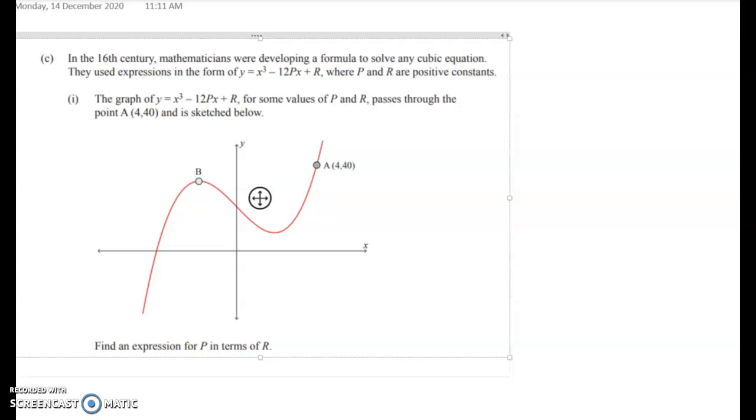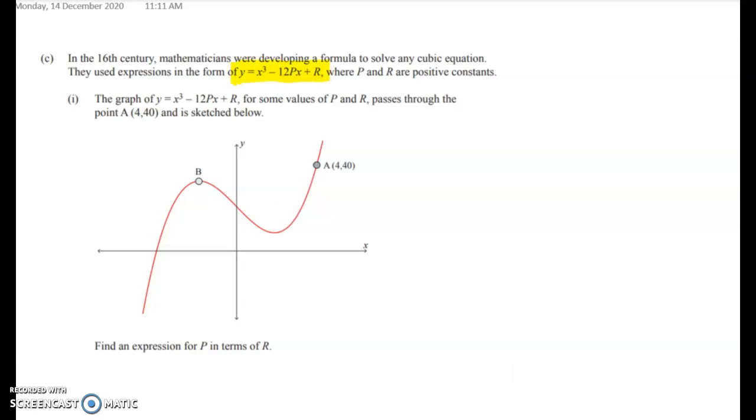So this question is about mathematicians in the 16th century when they were trying to figure out how to solve cubic equations. And one of the things they worked with was a thing called a depressed cubic. And this is an expression in the following form. So you don't need to know any of that, but they've given you the equation. The equation is this: y equals x cubed minus 12px plus r.